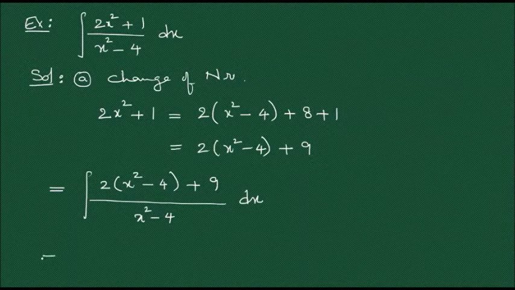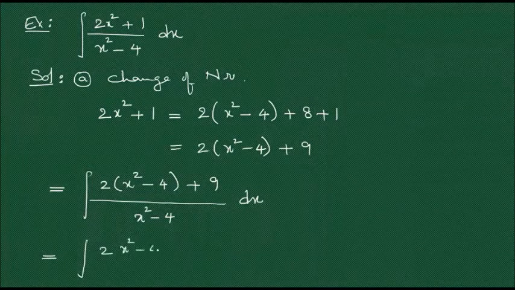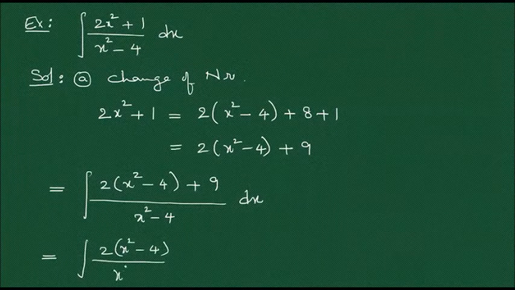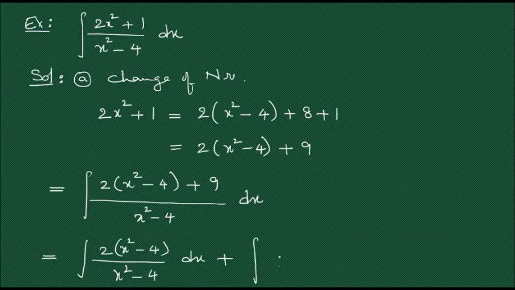Now separating the numerator, integration of 2 times (x square minus 4) by (x square minus 4) dx plus integration of 9 by (x square minus 4) dx.